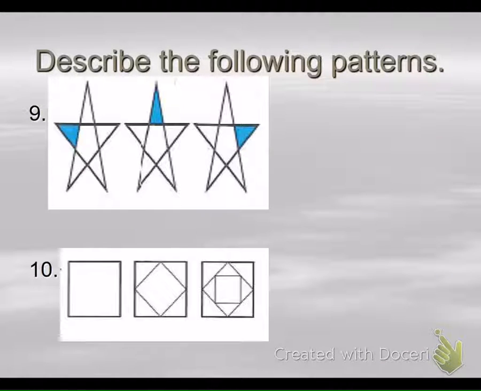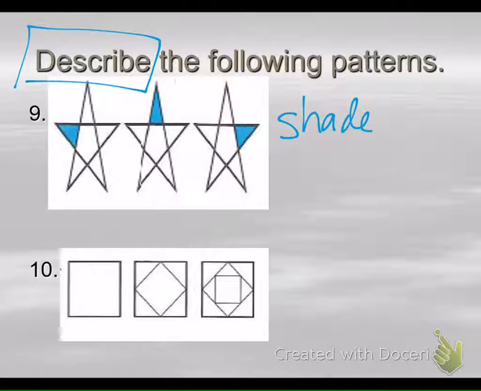So now it says we're still just describing. That's interesting. Describe the pattern. What is happening in number 9? It's the shaded pointy part. Triangle?